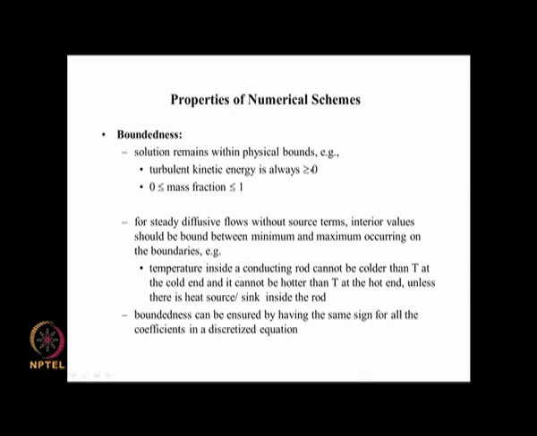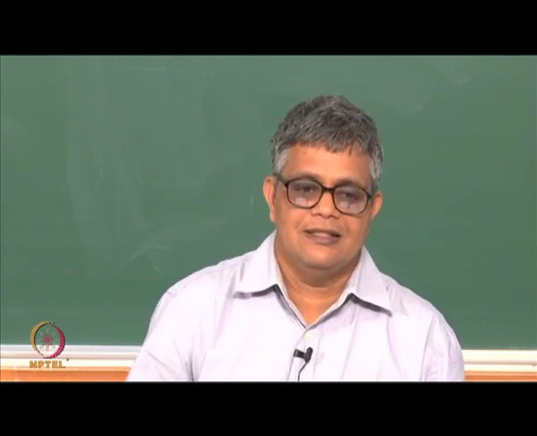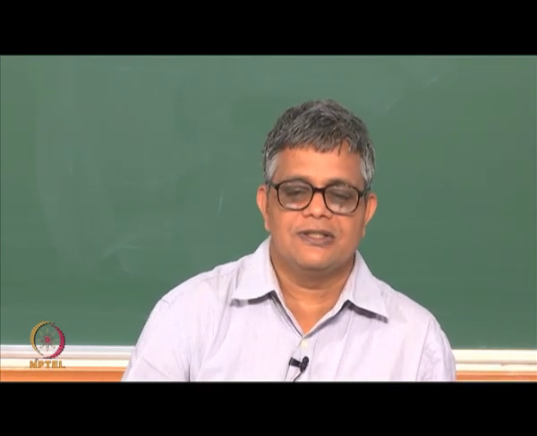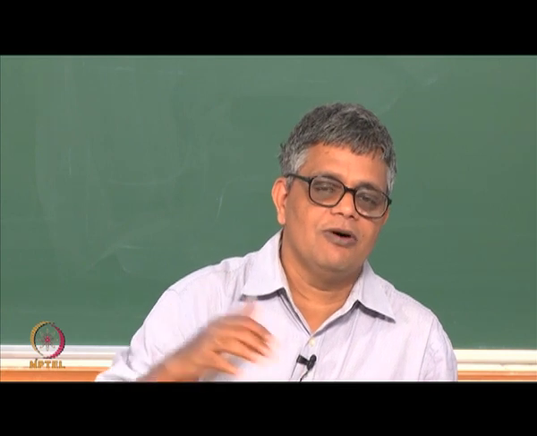In this case, it is bounded to be greater than or equal to 0, it cannot be negative, and here this is bounded between 0 and 1, and this particular condition is not always satisfied, especially, as I already mentioned earlier, when you are using higher order schemes, and we will come back to that towards the end of this module, and we will see that in certain cases it is possible for the value of the variable to go beyond the bounds.